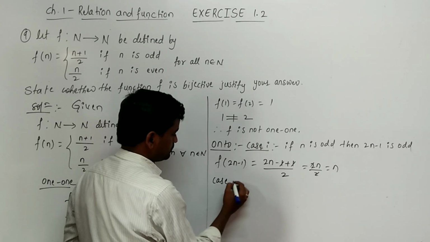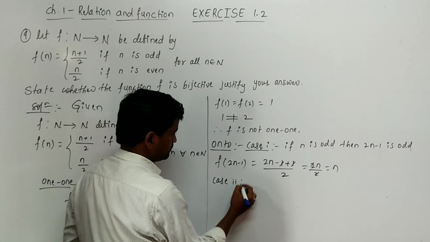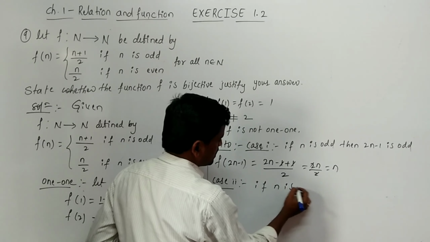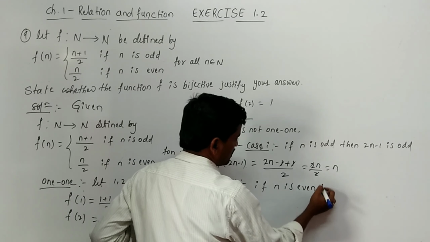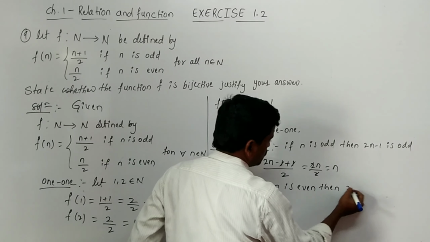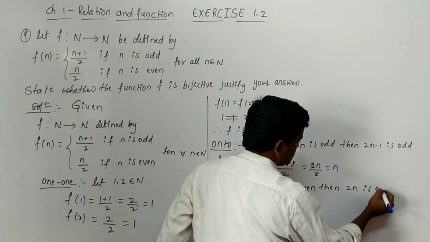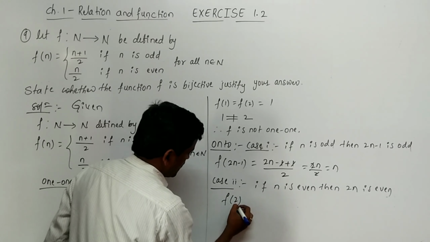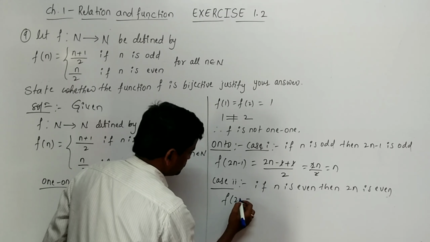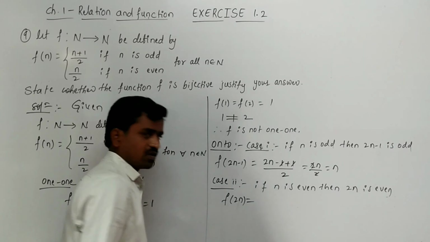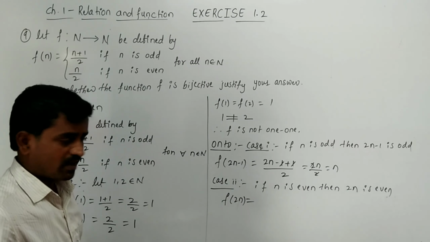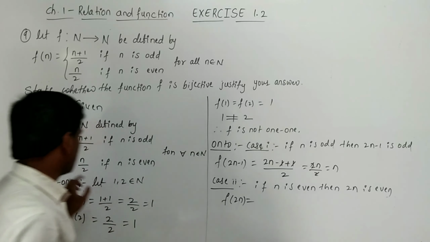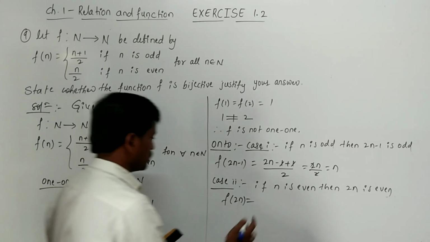Case 2: if n is even, then 2n is even. F of 2n is equal to, when n is even, the even function is n by 2.